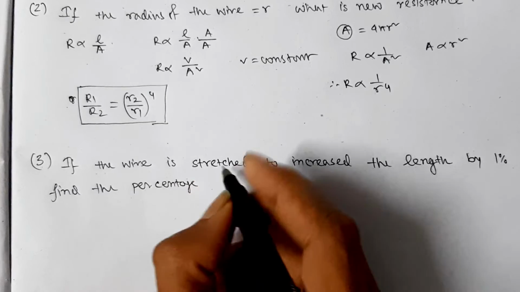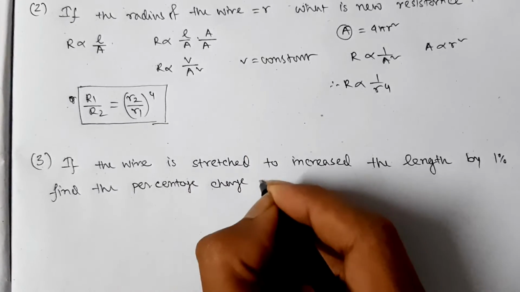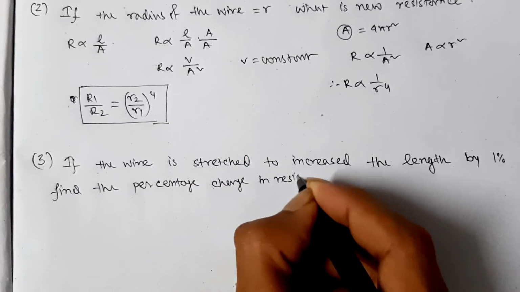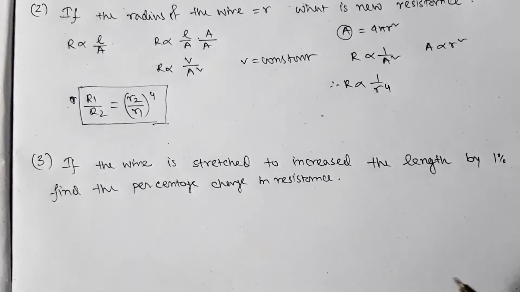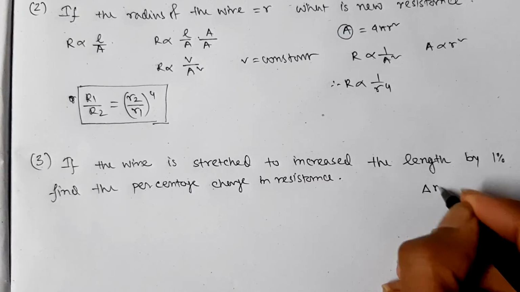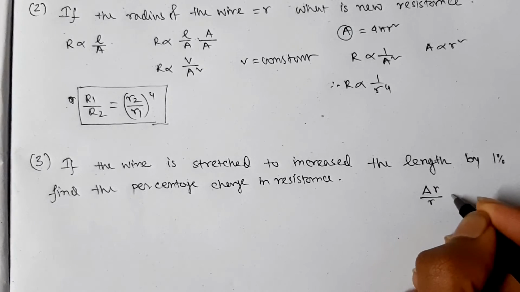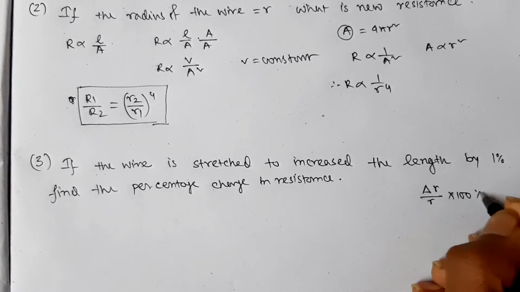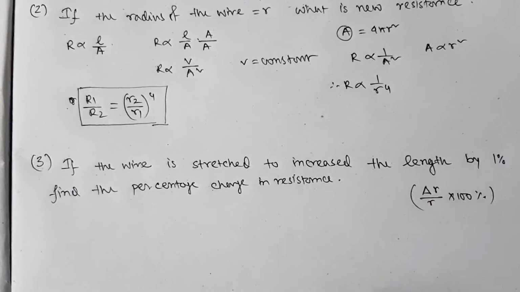So what is called the percentage change? Percentage change is equal to delta R by R into 100%. Okay, we have to remember this.